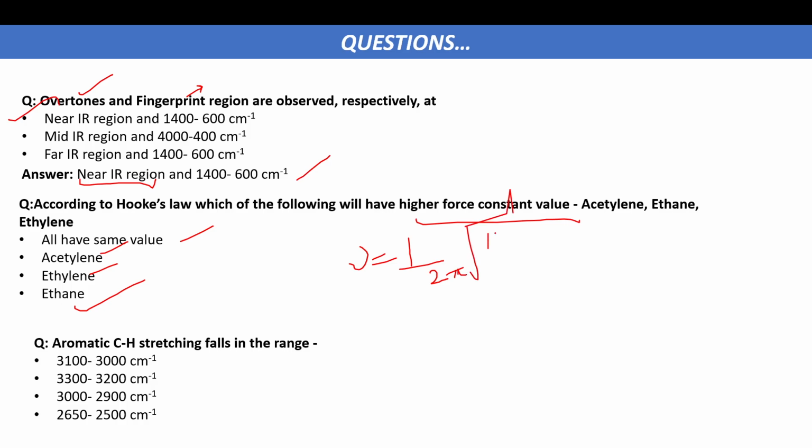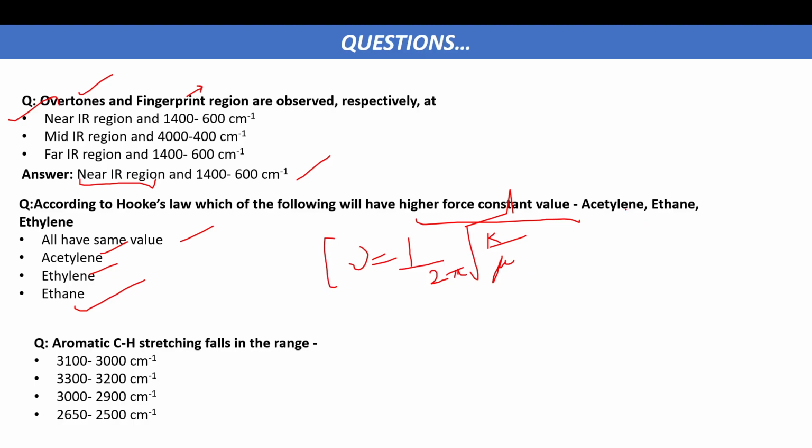So, what is k and what is mu? So, k is your force constant, mu is your reduced mass. So, this is your Hooke's law.